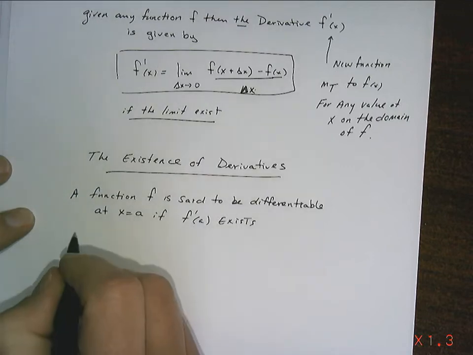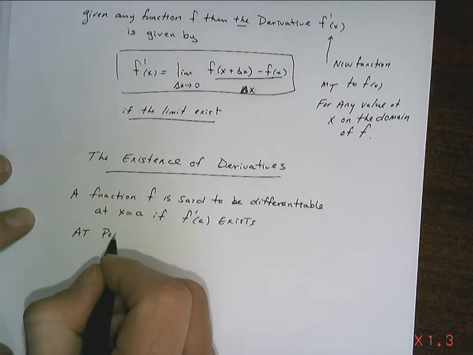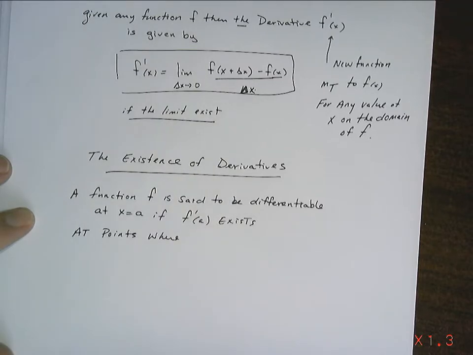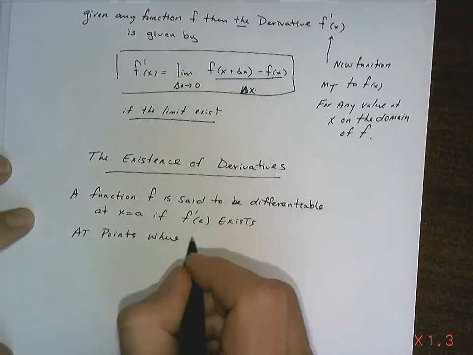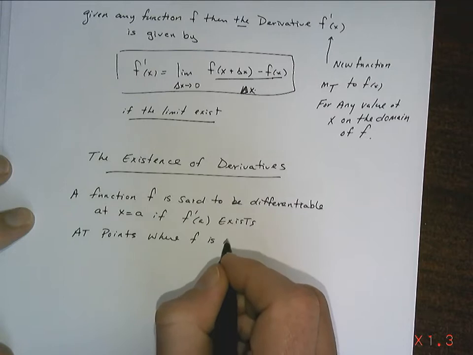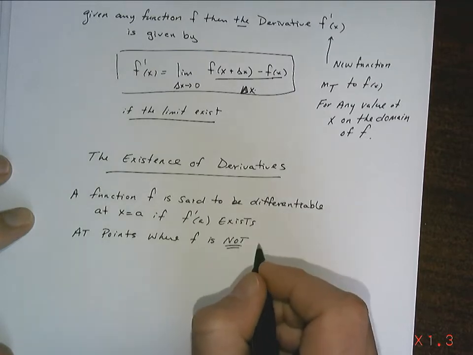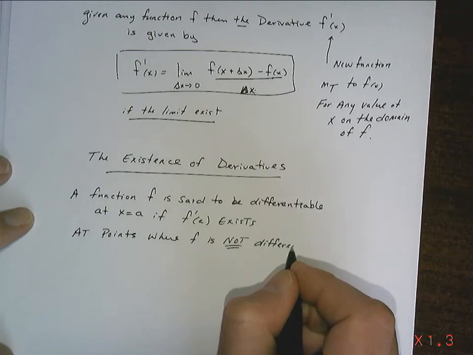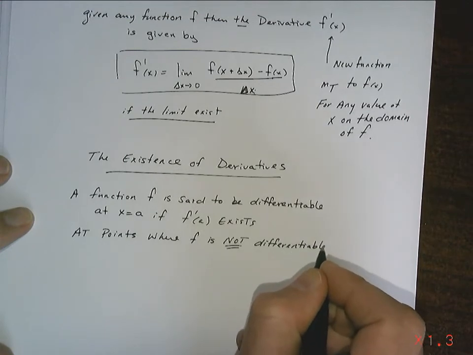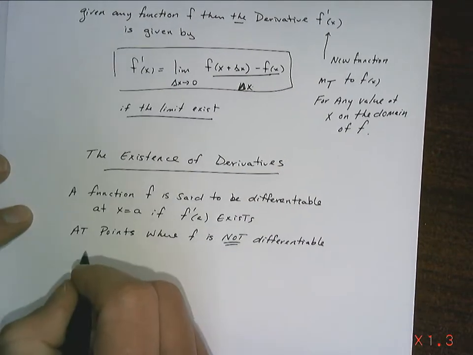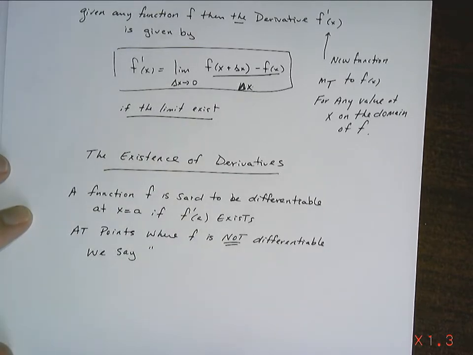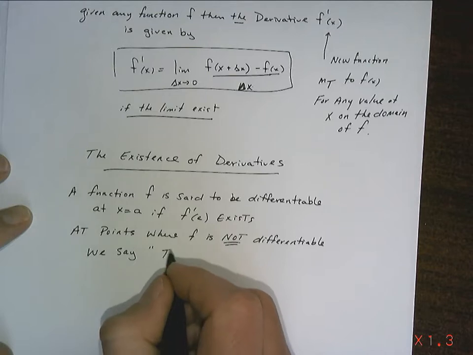At points where f is not differentiable, we say the derivative does not exist.